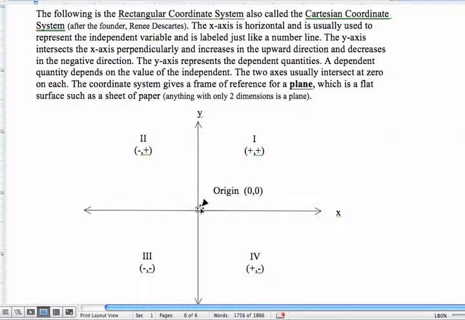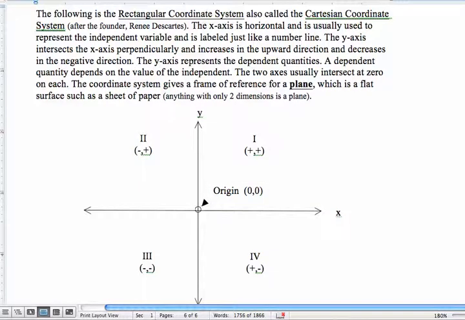And on the vertical axis, the y-axis, as we go up we get more and more positive, and as we go down we get more and more negative from 0. Where the two intersect one another is generally at 0, 0, so x is 0 and y is 0, and we call the point of intersection the origin, and this right here is something called an ordered pair.